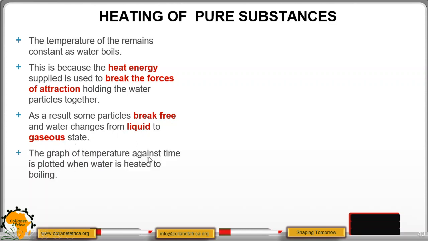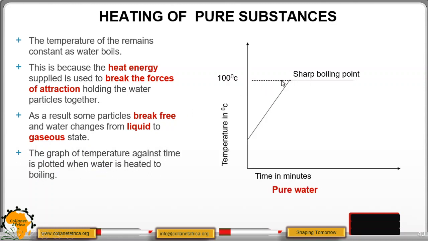The graph of temperature against time is plotted when water is heated to boiling. Here we have a very sharp boiling point. That is why it is horizontal at 100 degrees Celsius. This is time in minutes, and this is pure water. Note where this part is flat, or horizontal.